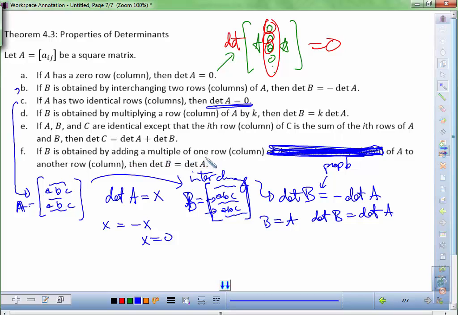Adding a multiple of one row of A to another row, okay, that's better. Do you ever do that when you're copying stuff and then you look away, and then you try to look at where you left off and something like that ends up on your test? All right, let's get past this and move on.